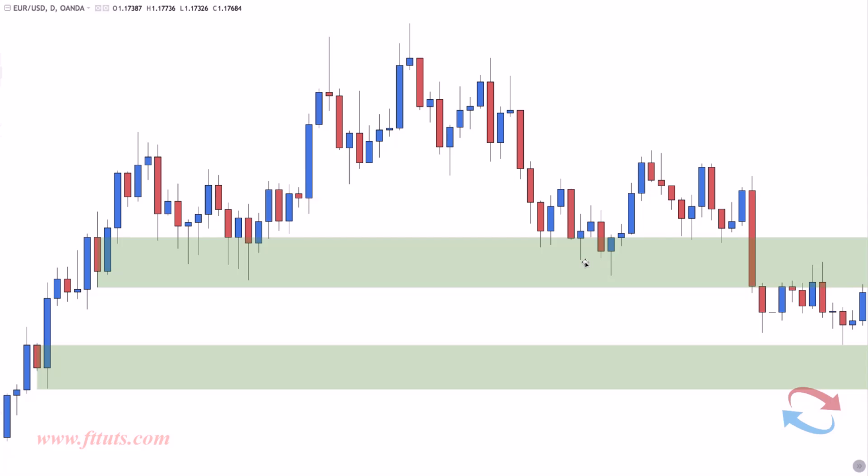If you think about it, it becomes less of a value area, because now everybody's buying at this area. And as we know, trading is a zero-sum game. For someone to win, someone else has to lose.